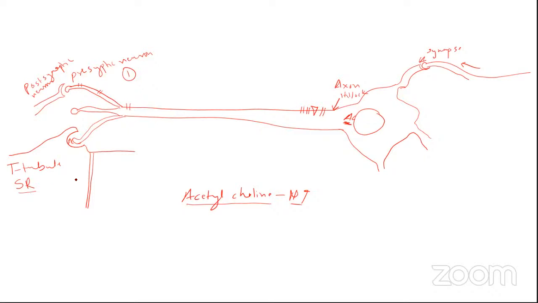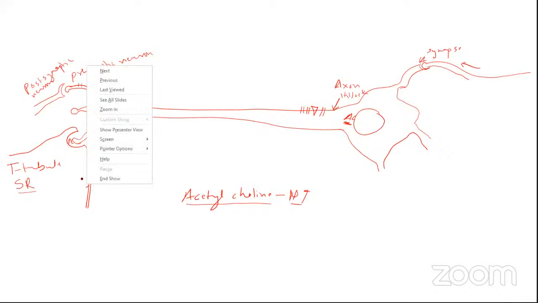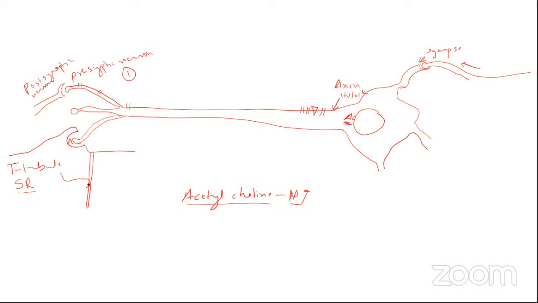Okay, so now what happens? What must be happening? You can guess it now. Imagine that this is a sarcoplasmic reticulum. So it will be full of calcium ions, right? It is in close contact with the T tubule running through.